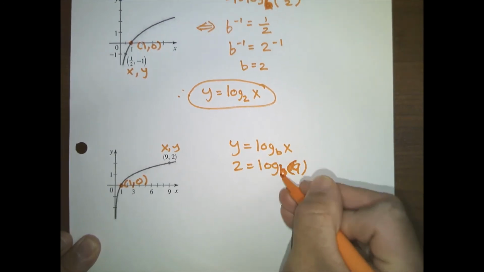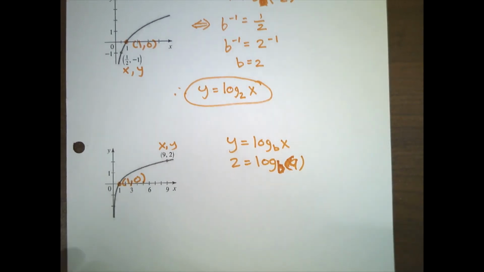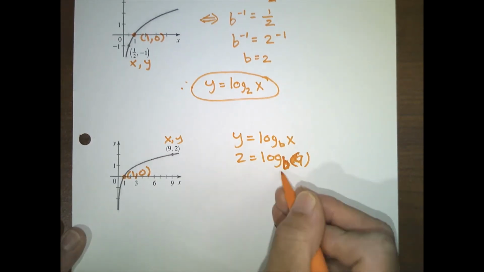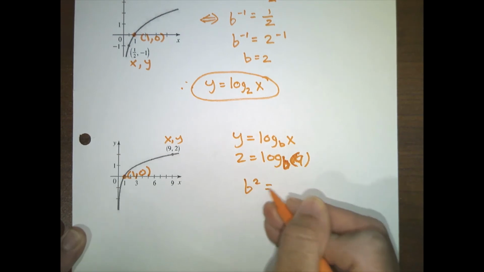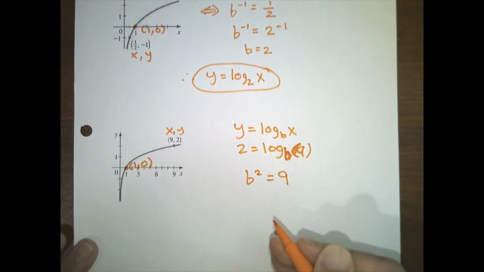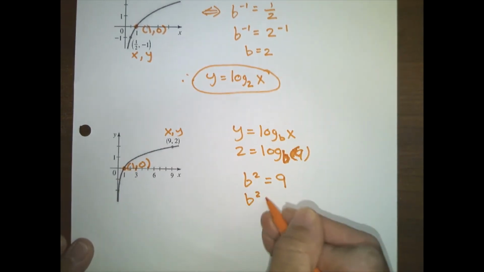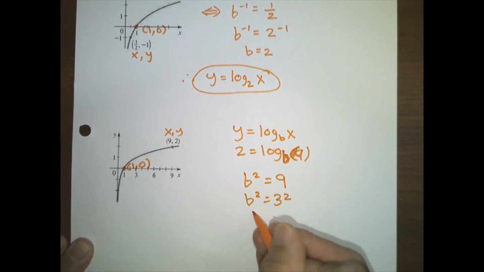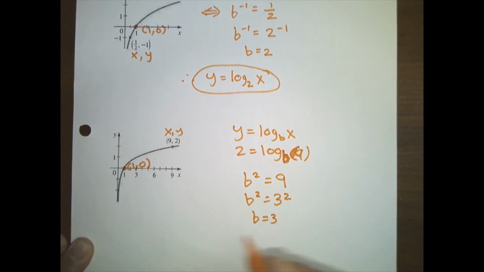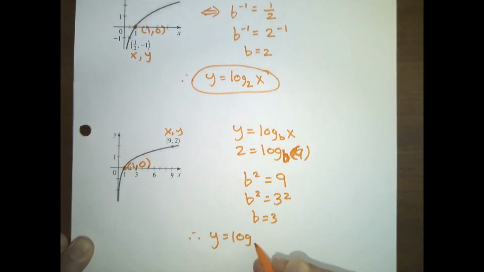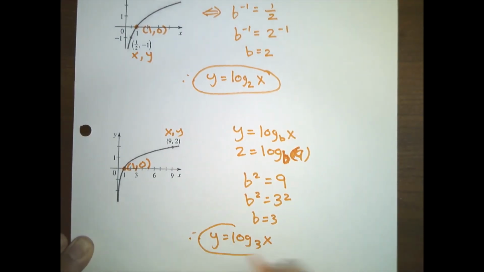Sorry, the 9 and the b almost look the same from over here. Now we have b to the second power is equal to 9, and I know 9 is 3 to the second power, and therefore b must be 3. So the equation is y equals log base 3 of x.